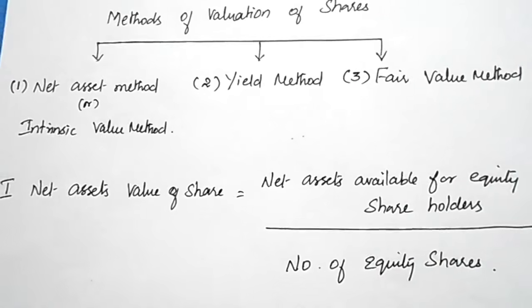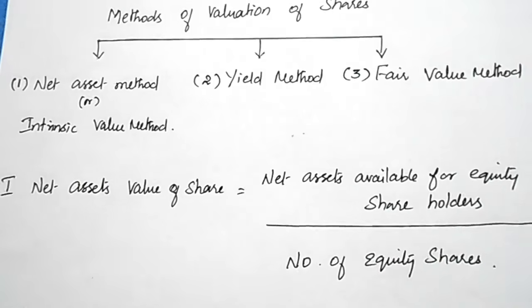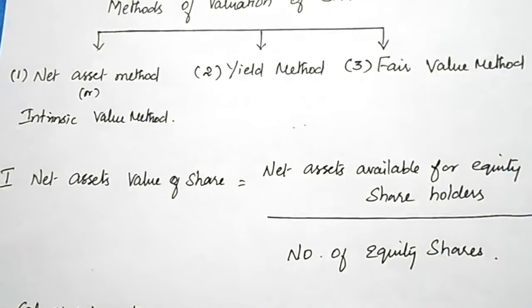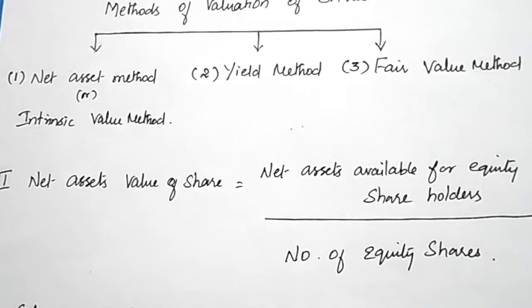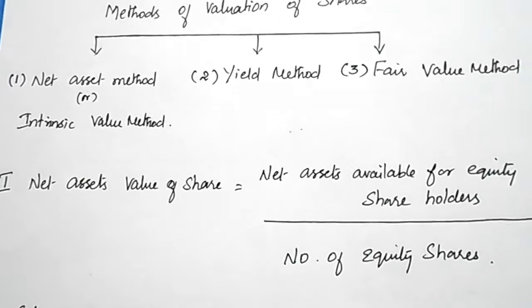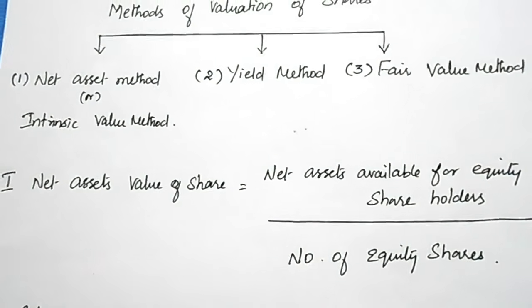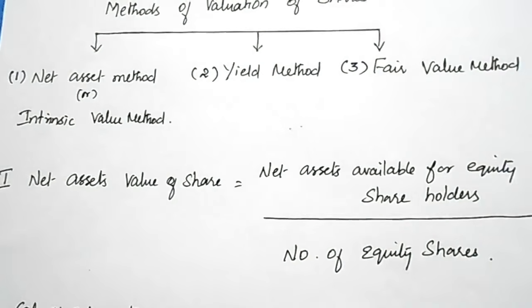Net asset means you need to find the net asset available for equity shareholders alone, which means you need to take the total assets and subtract the liabilities, that is third party liabilities including preference share capital and other liabilities.